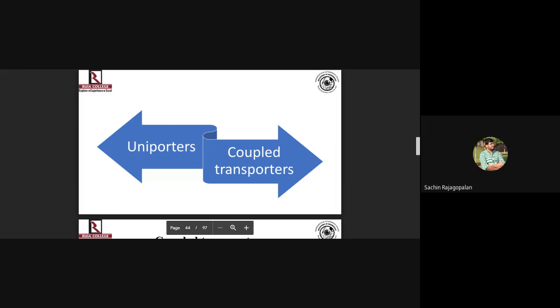That is, if there is going to be movement inside the cell, this transporter is involved only in transporting things inside the cell. It's a one-way traffic. There's going to be no bidirectional movement over here. It's going to be only a unidirectional transport of solutes. That's the reason why you call them uniporters, because of unidirectional transport.